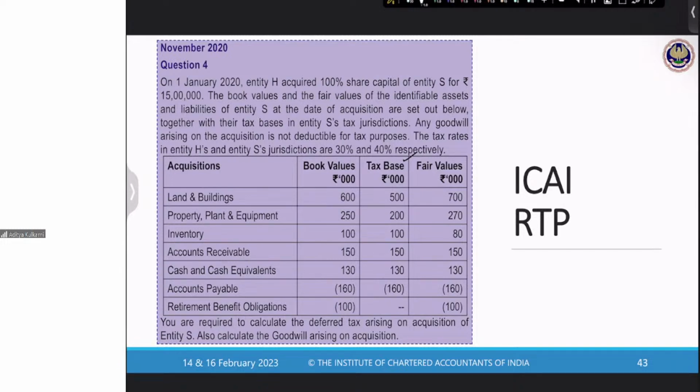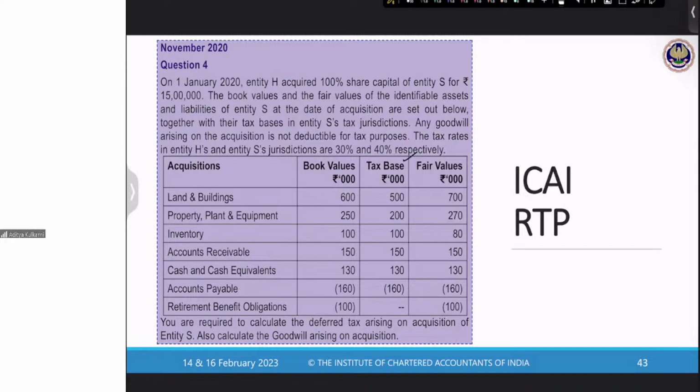So tell me, what is my temporary difference? Manini, 150, is it the DTL or is it the temporary differences arising? Soham, did you get? Okay, great.